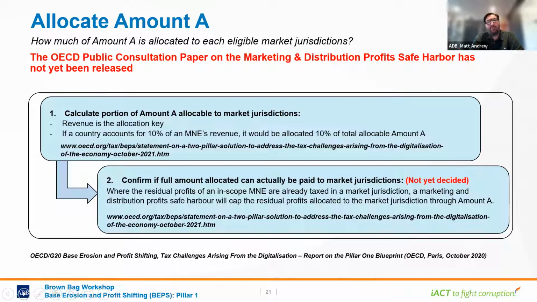So what this really means is what's being contemplated by the inclusive framework is if you have a multinational which has very high profits in that market and would still receive an Amount A, then this potential marketing and distribution profits safe harbor could limit or even eliminate the Amount A allocable to that jurisdiction because there are already residual profits in that jurisdiction. And so that's still in design, and no public consultation paper has been provided on this point yet. If we move to the next slide.